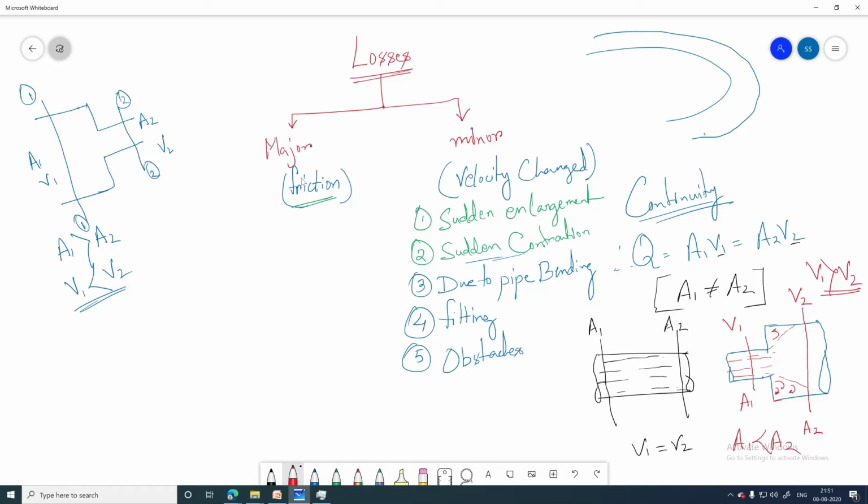So now coming to the major losses. The main reason for the major losses is friction, right? So here we will derive two equations. The first one is Chezy's equation to determine the value of this major loss, and secondly we will also derive the Darcy-Weisbach equation.